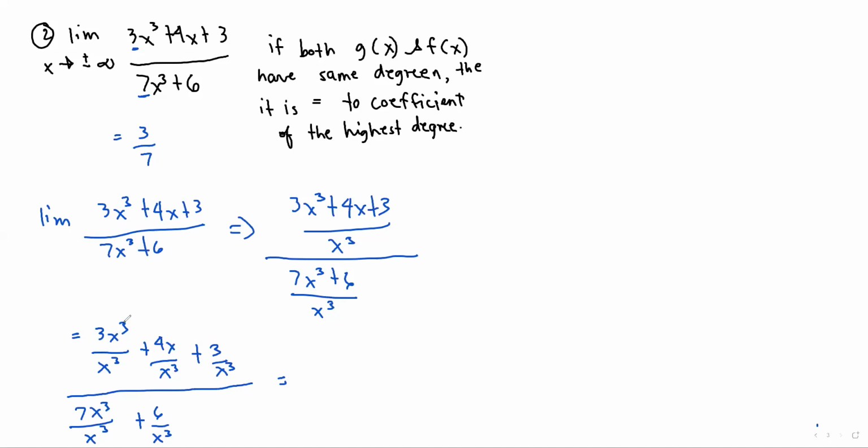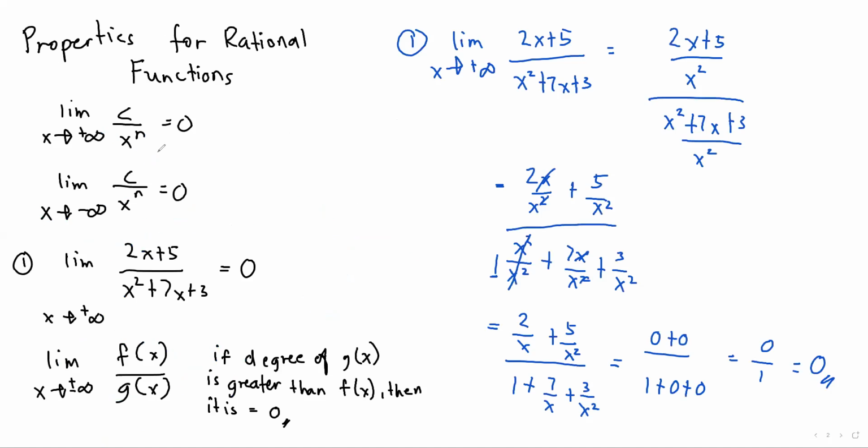So, mangyayari, cancel out, di ba? Ito magiging cancel, ito magiging squared, ito magka-cancel out. And balik tayo sa properties when it comes to rational function. Yan ulit, di ba? So, whatever constant number that is divided by x raised to n, as long as x approaches positive or negative infinity, is always equal to 0.